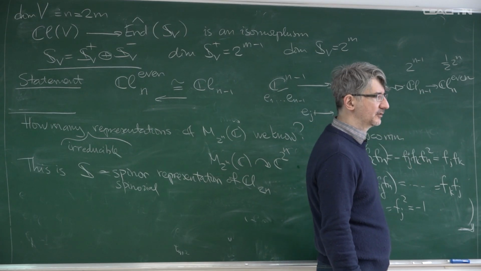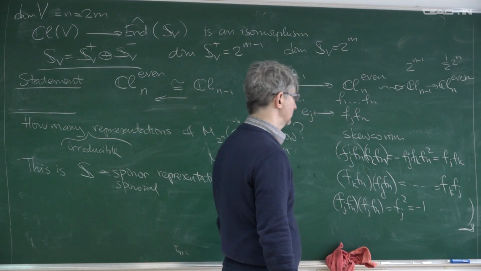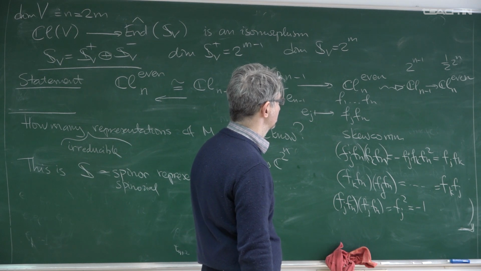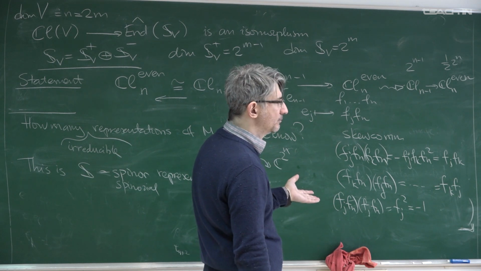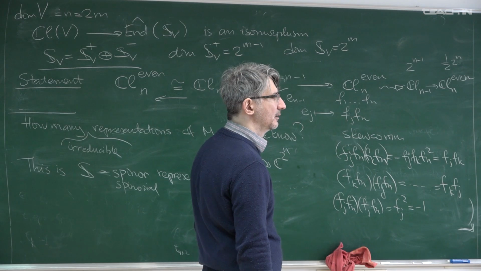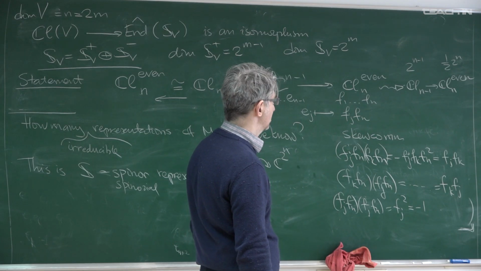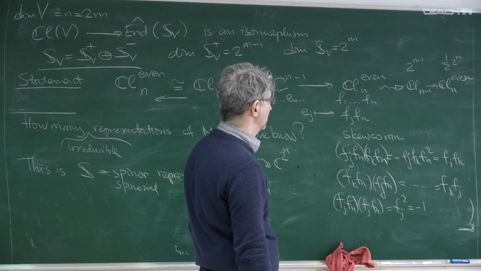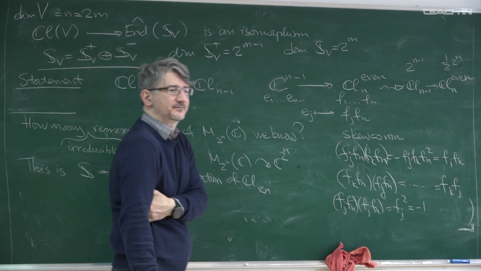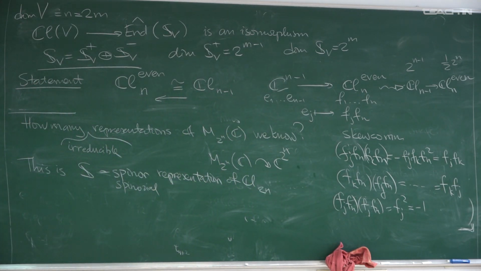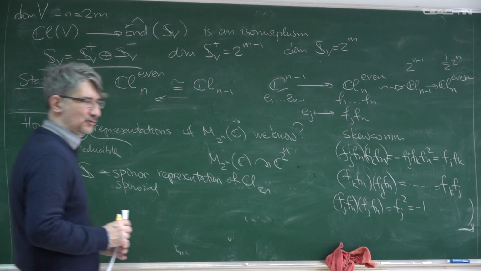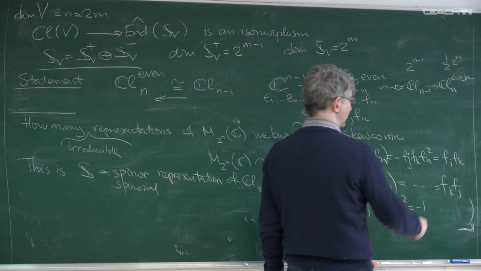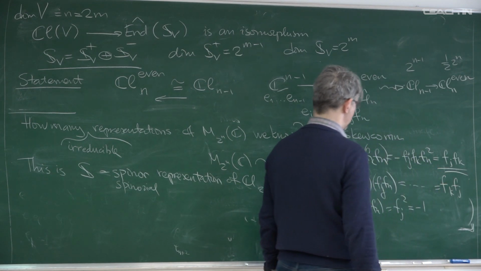Okay, how to prove that this is onto? I need to check that generators are in the image. Your suggestions? I think the generators are already written on the board. Sure. This element is in the image because I proved it.